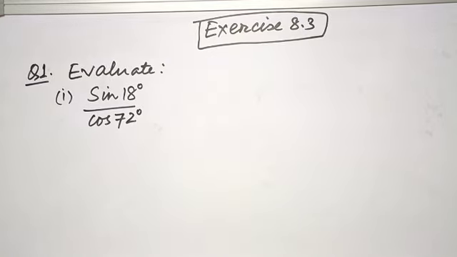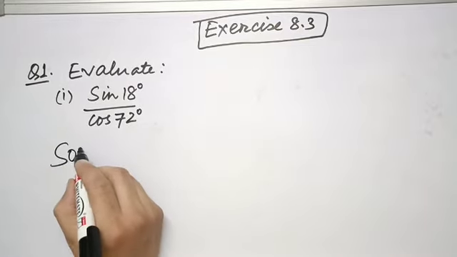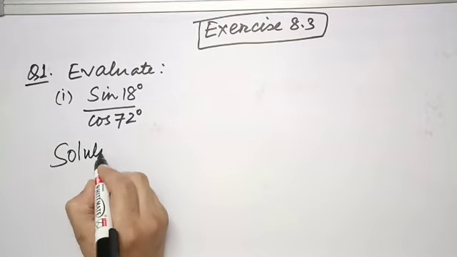Now let us move to exercise 8.3, and question number 1 says evaluate, and some questions are given, like first question is sin 18 degree divided by cos 72 degree, and you just have to evaluate. This is very easy. You have learned already that by using complementary angle how to solve such kind of question.